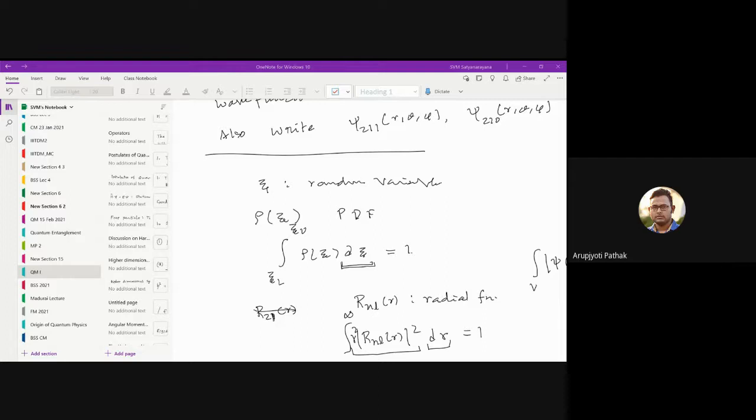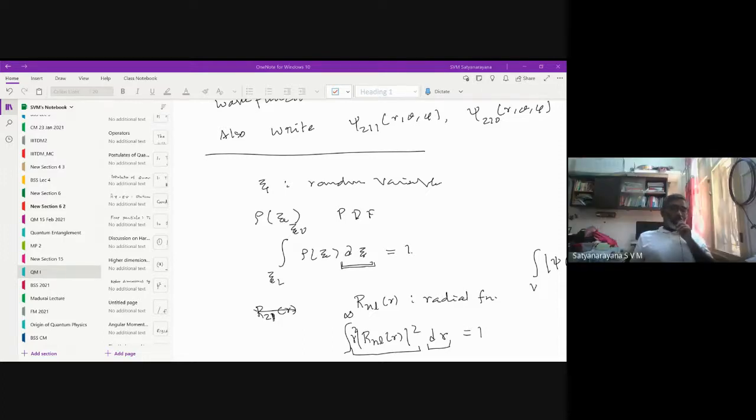R, theta, and phi are three independent coordinates, and therefore you can talk about a joint probability. You simply multiply one probability distribution with the other. If P of R is the radial probability and Q of theta is the theta probability, then you simply multiply them.